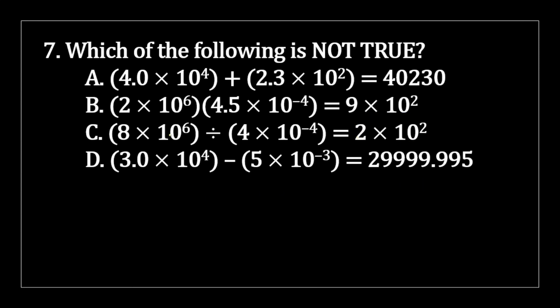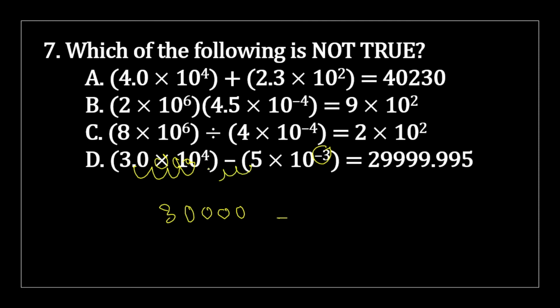On letter D, we have, again, subtraction. Let's move the decimal point 4 times: 1, 2, 3, 4. In this case, it has a negative exponent, so we should move the decimal places 3 times to the left.